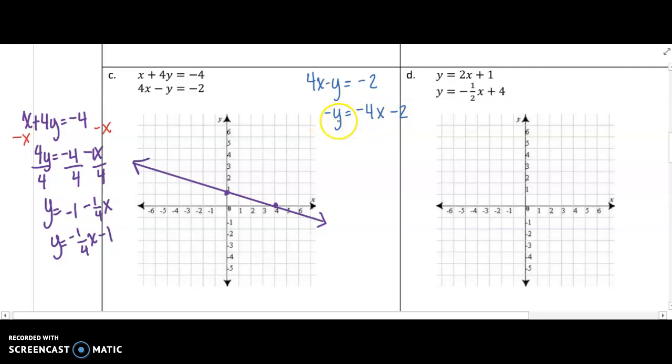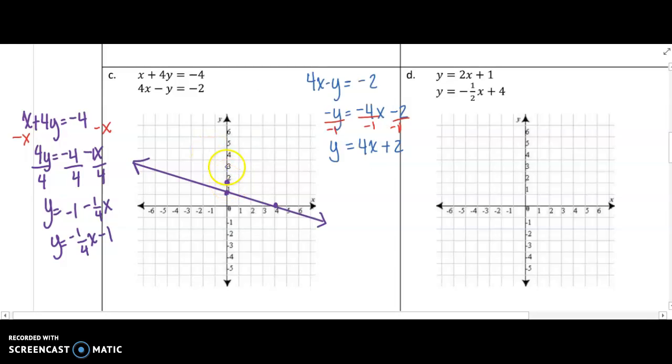So if I divide everything by negative 1, I'm going to have a positive y, a positive 4x, and a positive 2. I'm going to divide everything by negative 1, and all it does is change the sign of everything, okay? So my slope of this line is a positive 4, and my y-intercept is at 2.